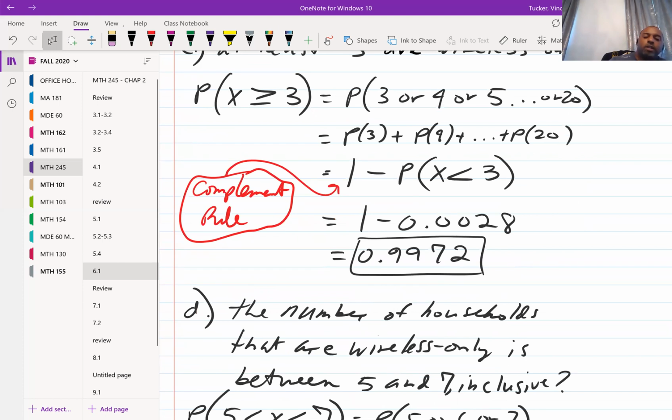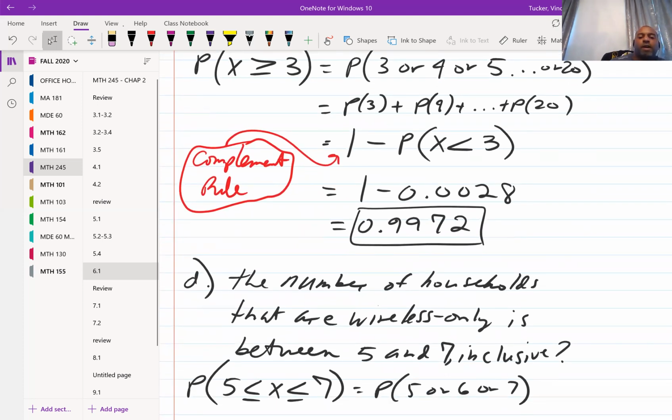All right. So D, the number of households that are wireless only is between 5 and 7 inclusive. So that's 5 and 7 and 6.